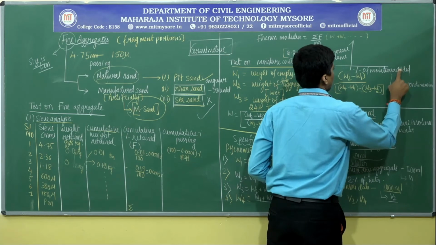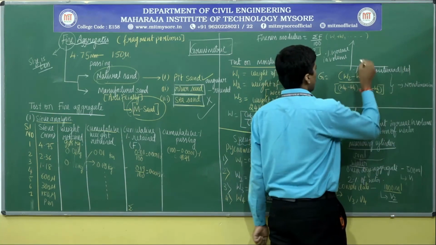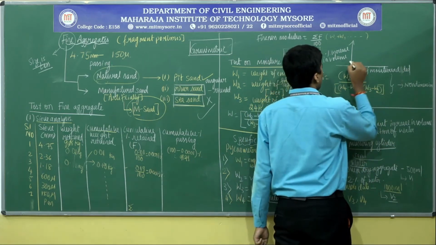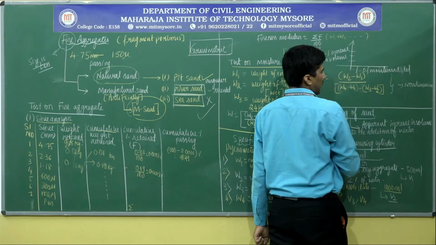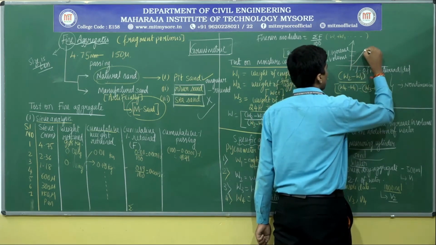When moisture is added, roughly maybe 10, 20, 30 and so on, the volume tends to increase.